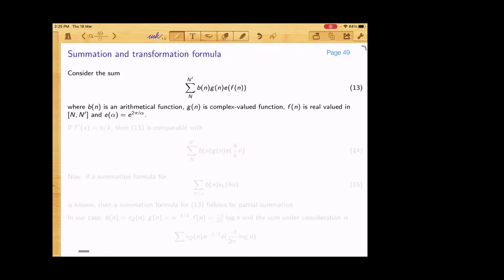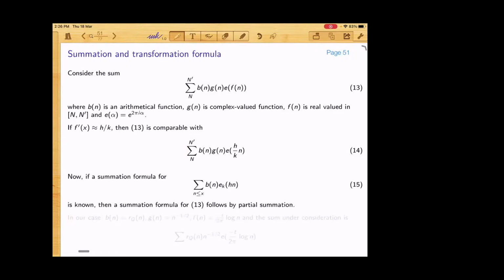Note that whenever we want to estimate sums of the form sum of B(n) G(n) e to the power 2 pi i F(n), where B(n) are arithmetical functions, G(n) are complex valued, and F(n) are real valued in some interval: if F dash of x is close to a rational number h over k, then this sum in 12 and the sum in 14 are of comparable size.